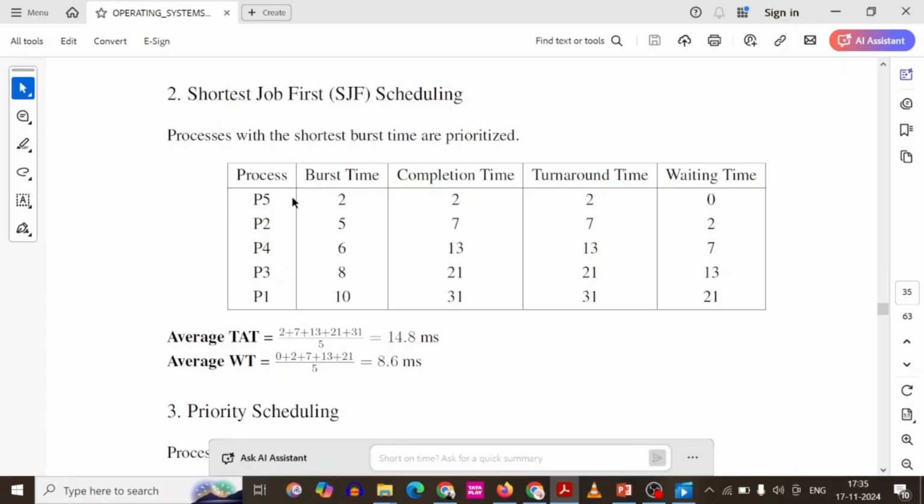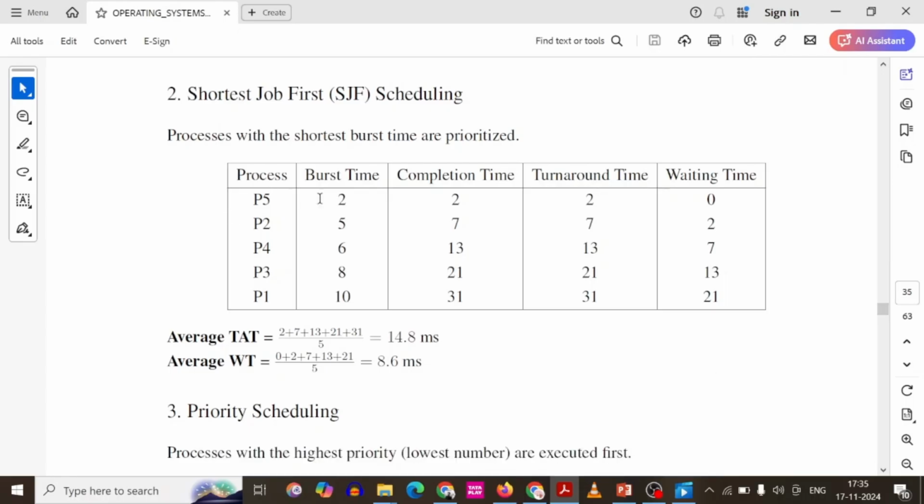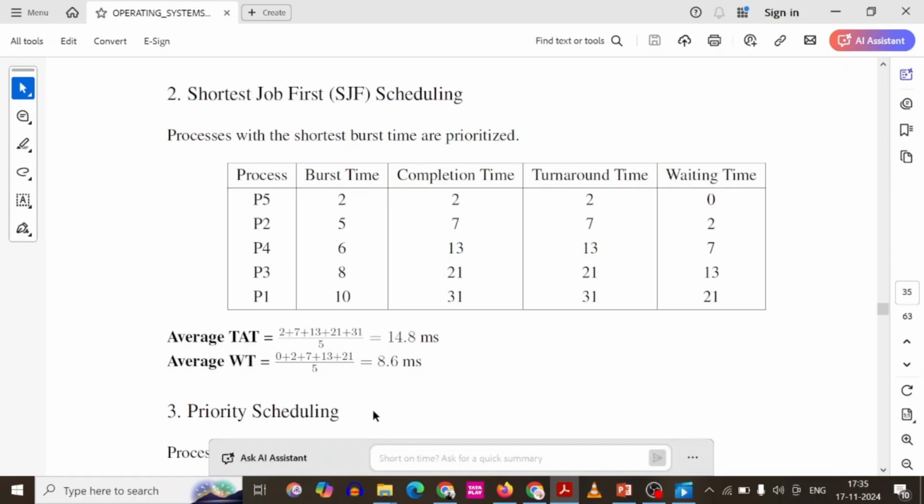Process 5 has a burst time of 2, which is the shortest of all 5 processes. So we take them from the smallest burst time to the largest: process 5, process 2, process 4, process 3, and process 1. Similarly, we get the completion times, then calculate the turnaround times and waiting times. The average turnaround time here is 14.8 milliseconds, and the average waiting time is 8.6 milliseconds.